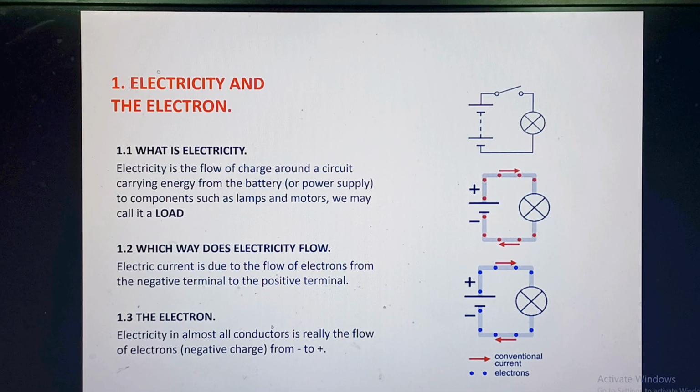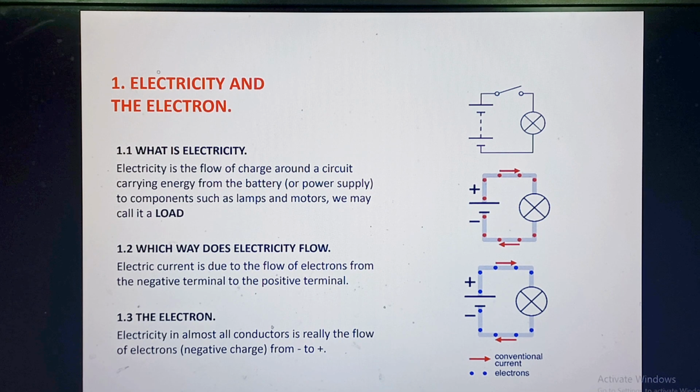Now, coming to the first chapter of your basic electronics theory portion, in which the first topic is electricity and the electron. What is electricity? Electricity is the flow of electric charge around a circuit carrying energy from the battery or power source to components such as lamps, motors, and other consumable electronic appliances.